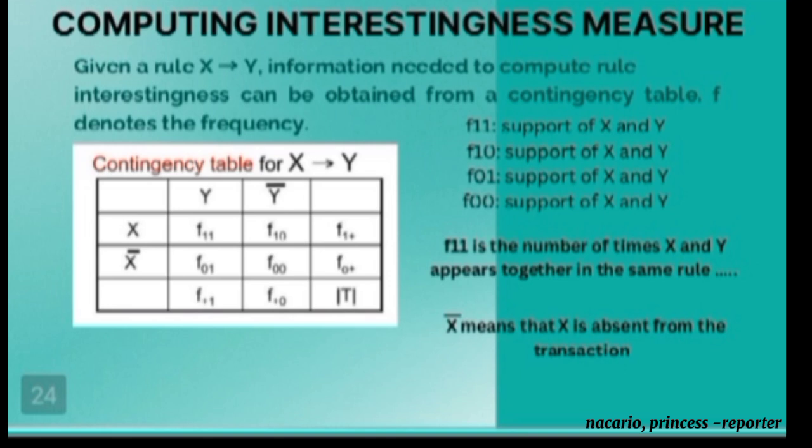The absolute value of T, or simply T, represents the total number of transactions in the dataset. Purpose of this table: using these values, you can compute different interestingness measures such as lift, leverage, conviction, chi-square. This helps determine if a rule is statistically significant, not just frequent.